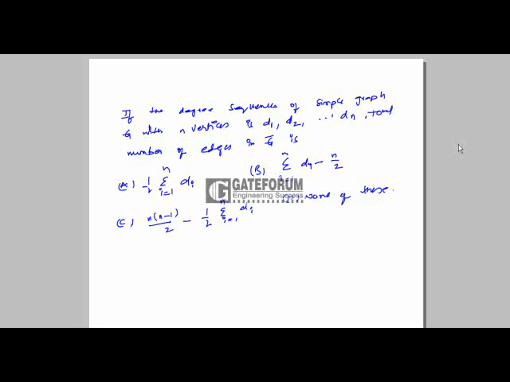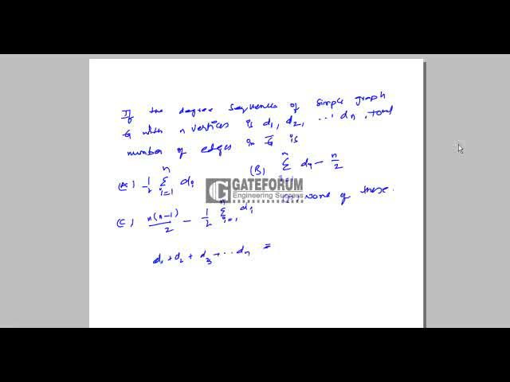If the degree sequence of a simple graph G with n vertices is D1, D2, so on Dn, total number of edges in G bar is? Here we know that sum of the degrees is equal to 2 into number of edges. Sum of the degrees is nothing but D1 plus D2 plus D3 plus so on, Dn.